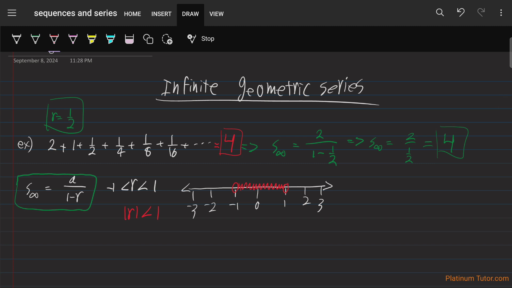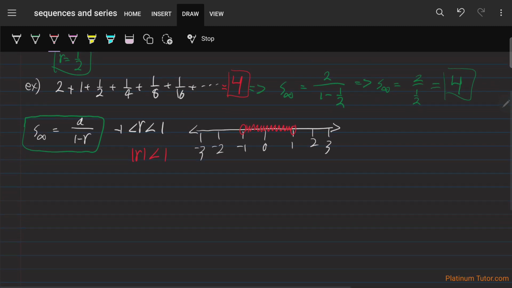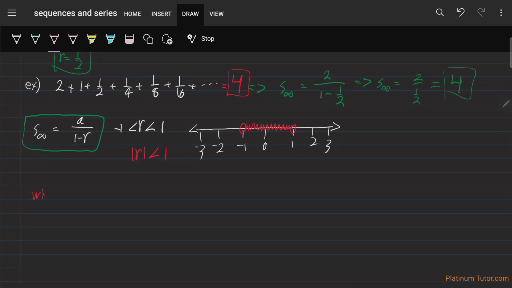One thing to keep in mind for this is what happens if we can't use this formula. So let's say we find a common ratio, and the common ratio isn't between -1 and 1. Let's say, so let's write this down.